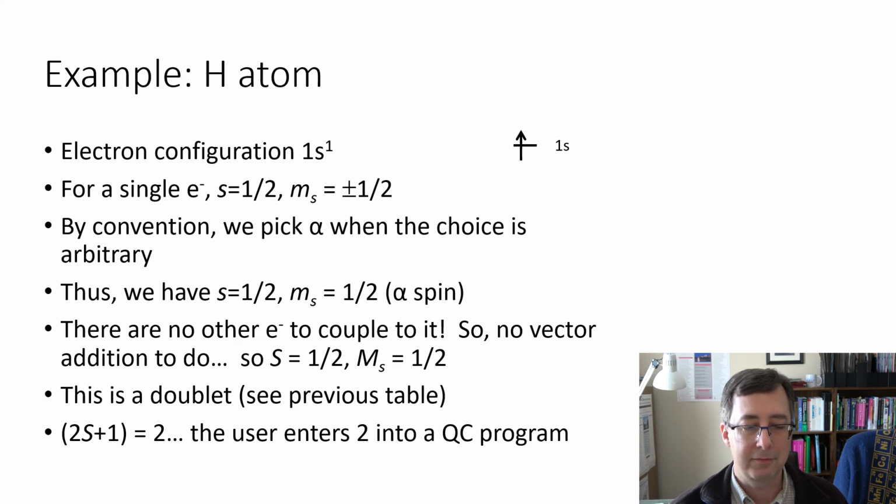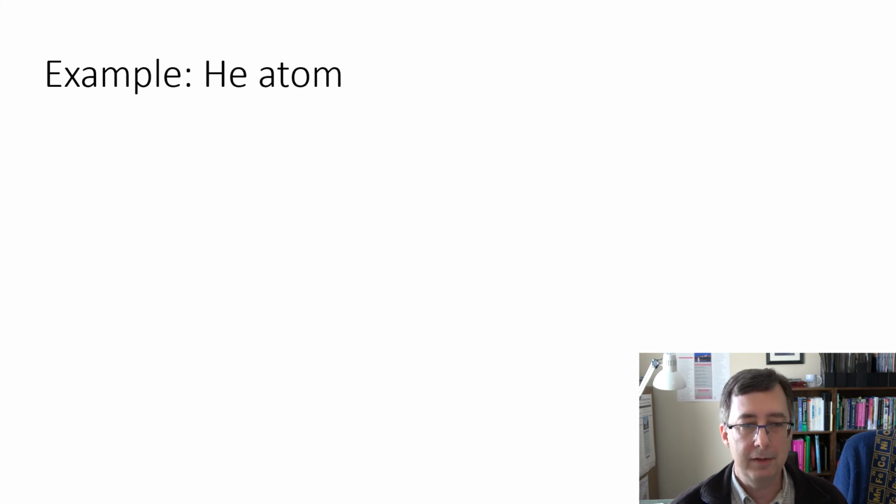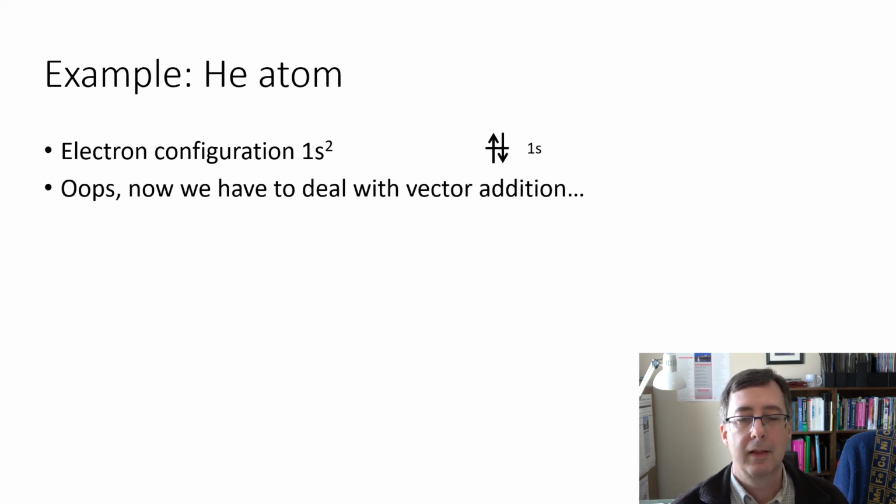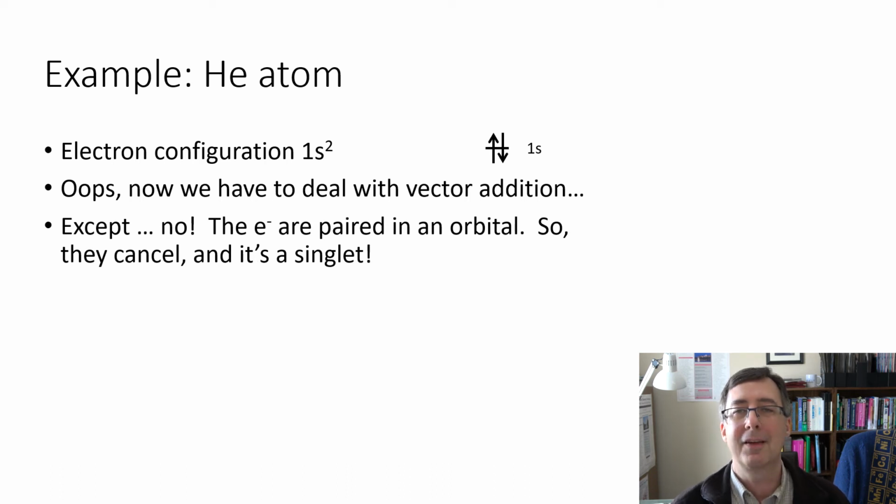So that's fine. How about helium? Well, its electron configuration is 1s2. So there we go. And now in principle there is a vector addition because we've got 2 spins and they could couple in different ways. However, as I said a couple slides ago, anytime electrons are paired, one alpha, one beta, in the same orbital, then they wind up singlet coupling and they don't contribute to an overall spin angular momentum.